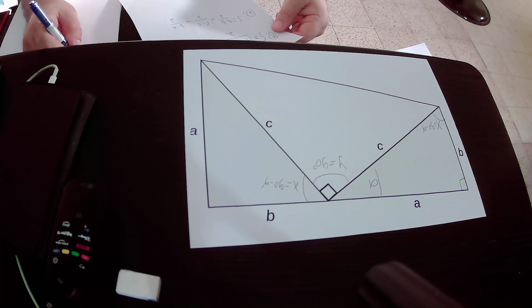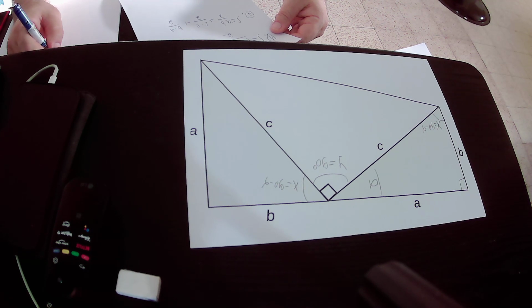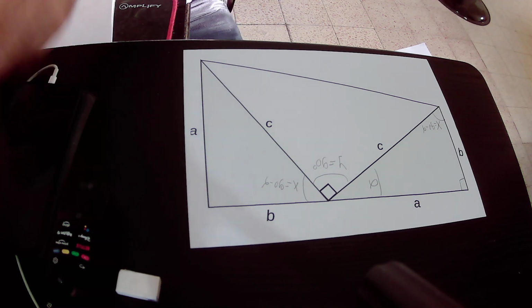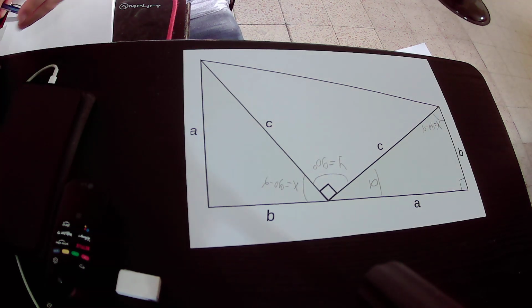So A plus B times A plus B divided by 2.